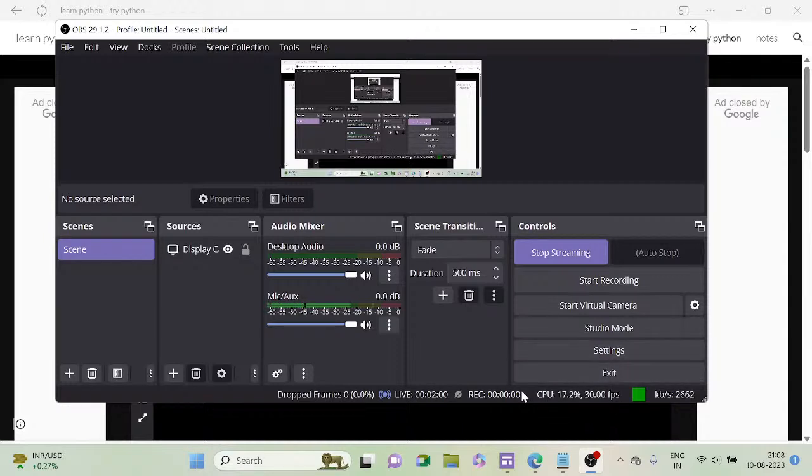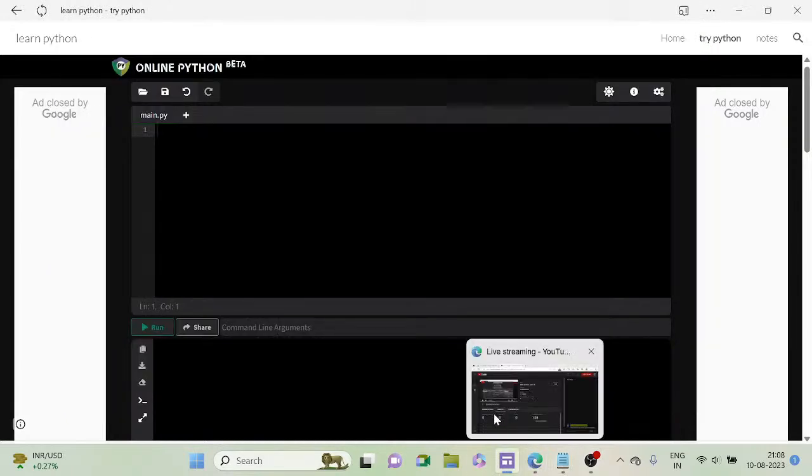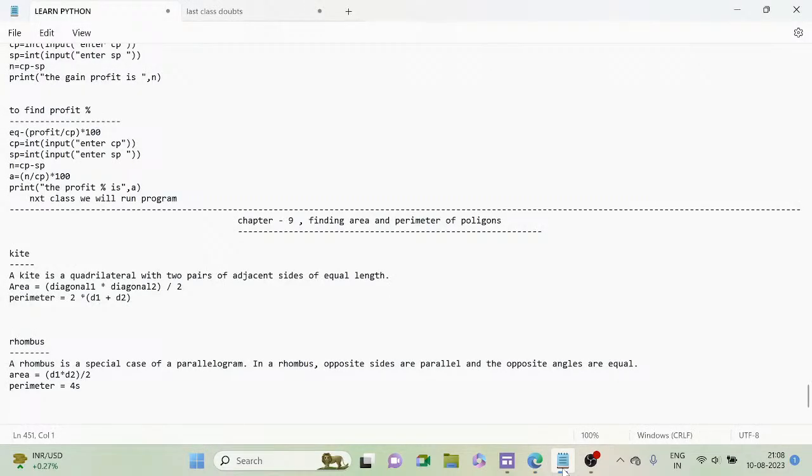Don't simply send doubts. If you have a small doubt, you can send it, but don't send no-content doubts like why we are using the comma there. It's an inbuilt function. Last day I received a doubt by mail asking why we use a bracket in front of input, because that's an inbuilt pattern of Python.